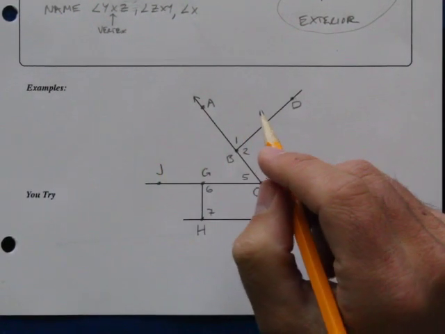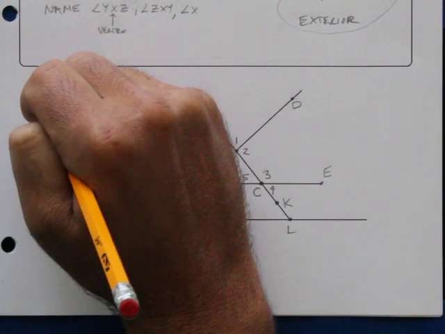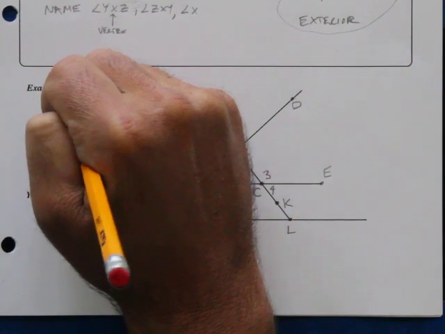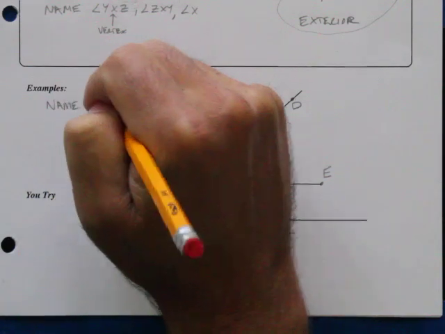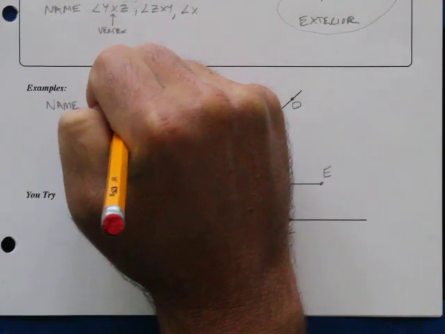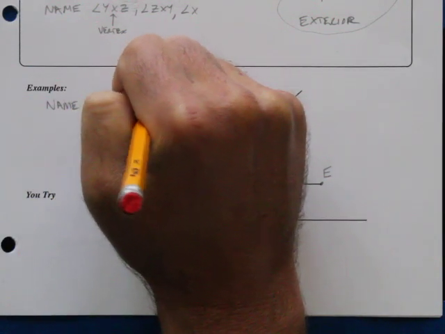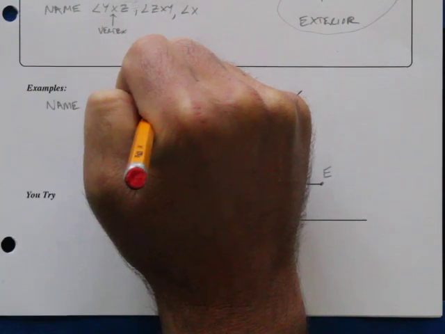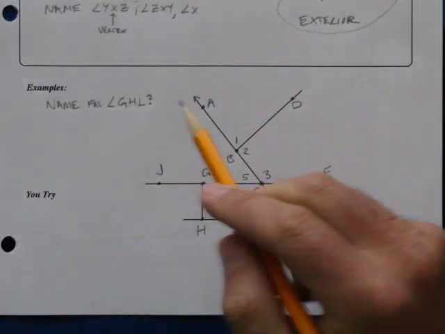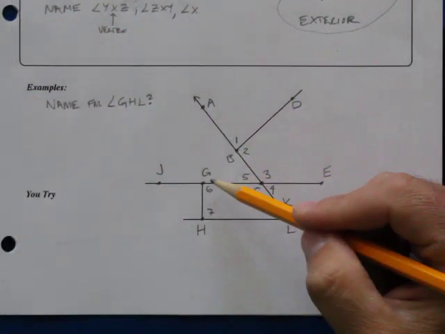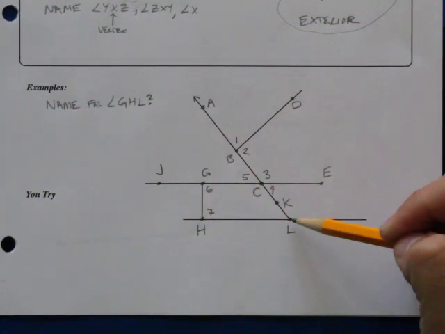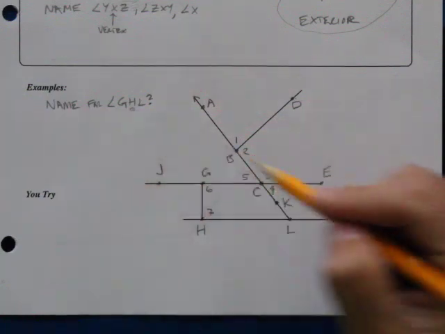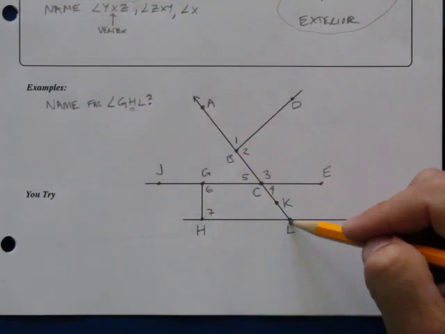Now we're going to figure out another name for angle GHL. So we're going to find angle GHL. Here's G, here's H, and here's L. H is the vertex, so I go GHL.